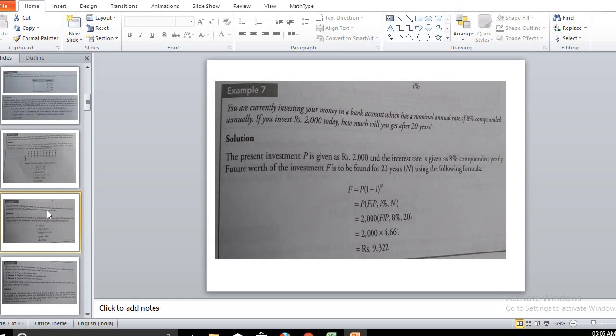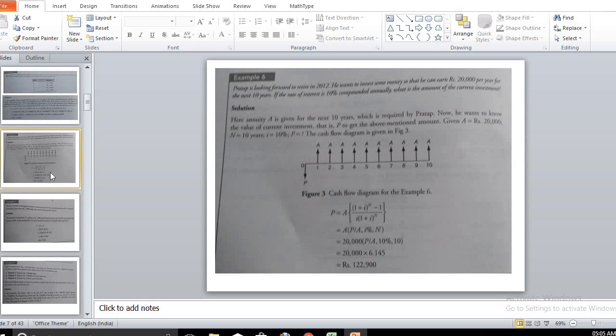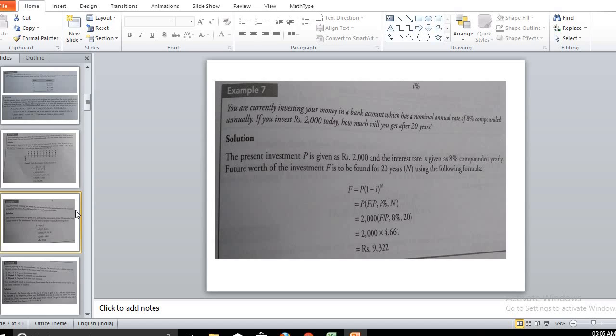The previous example was based on the annuity, finding present value for the given annuity. Now this example is based on the future worth analysis.